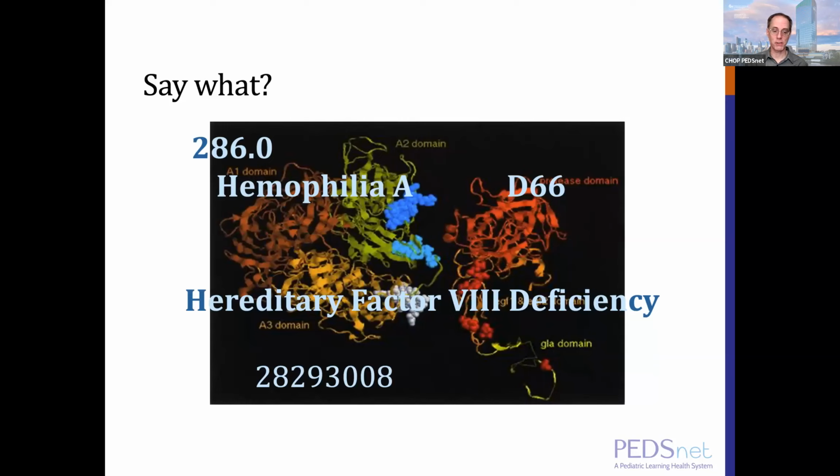And the ever easy to remember 282930008 is the SNOMED code that all represents this entity. Again, none of these are things that the patient is going to tell you. They won't walk in and say, hi, I'm here for my 282930008. So part of what we need to do is be careful about how we are representing data in the electronic health record and how accurately that represents the actual state of health of the patient.